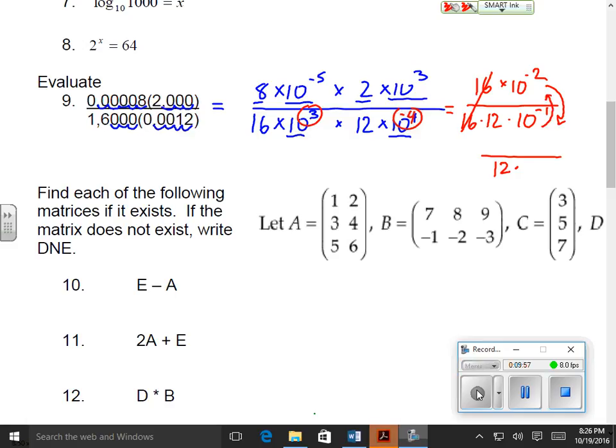That means I'm left with 10 squared, 10 to the 1st on top. This 10 to the 1st can cancel with one of those. So I'm just left with 10 to the 0, or just 1 over 12 times 10 to the first, which is 1 over 120. Much better than 12 billion.